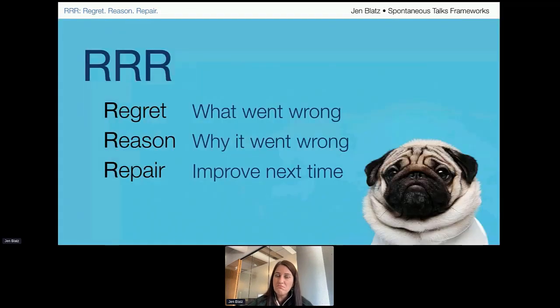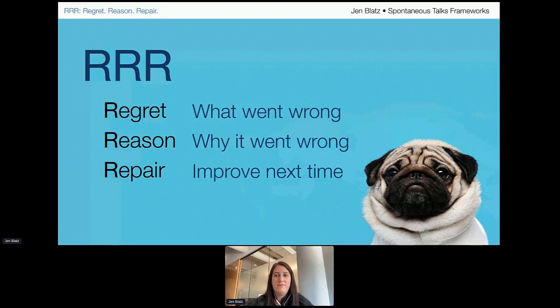See, that wasn't so bad. Sure, I had to break some bad news, but I explained my theory using the RRR framework. First, I told them I was regretful. I acknowledged the problem, that people were not clicking on that button at the top right. Then I told them why I think it's a problem: it's because they're scrolling right on by it.